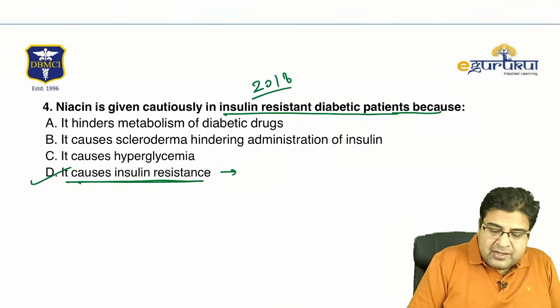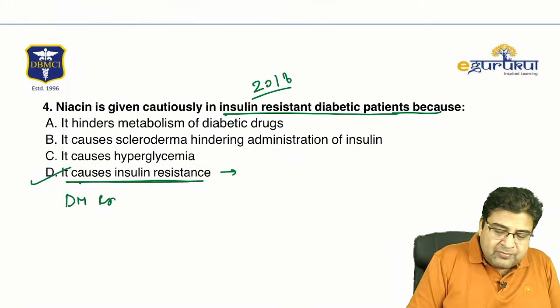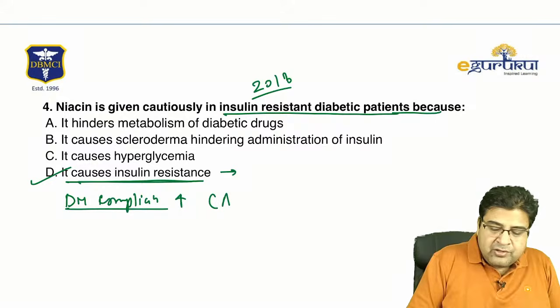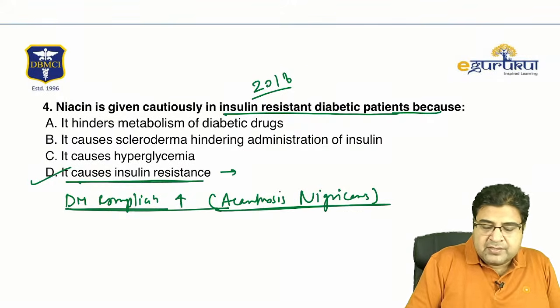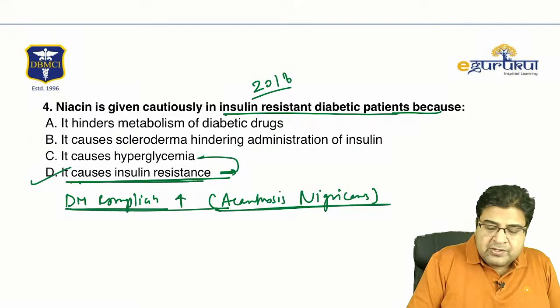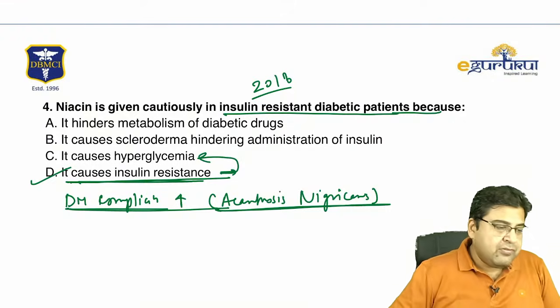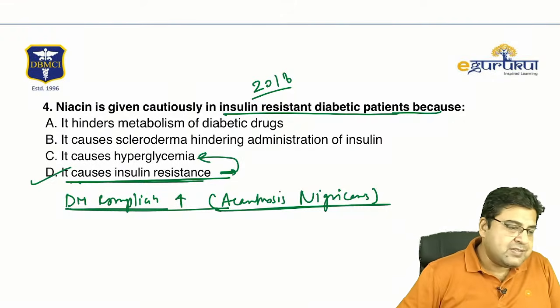This medicine can result in diabetic complications like acanthosis nigricans, and can result in more insulin resistance. As a result, the patient will have more hyperglycemia.